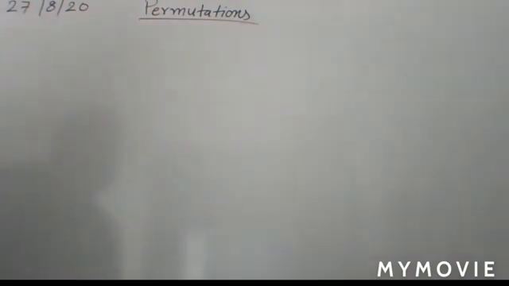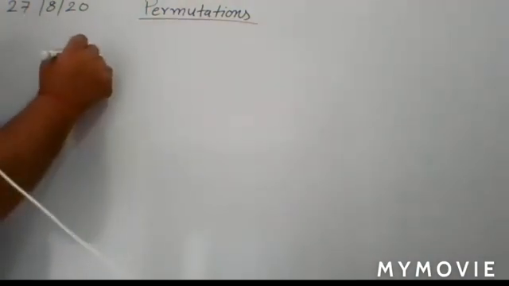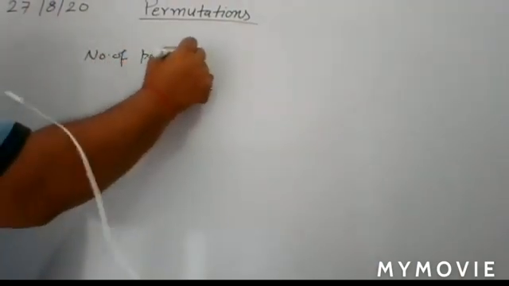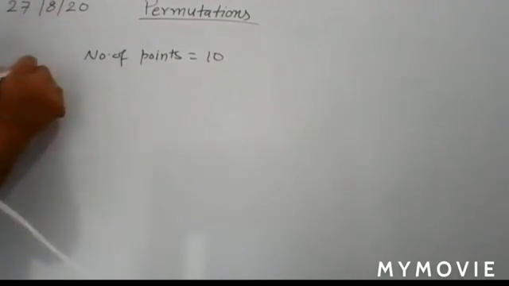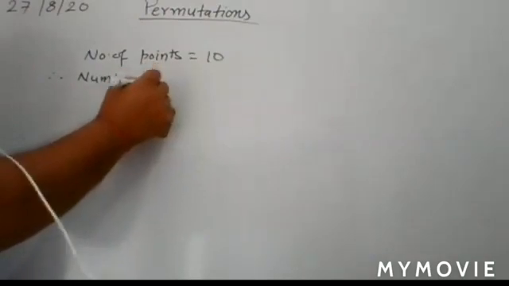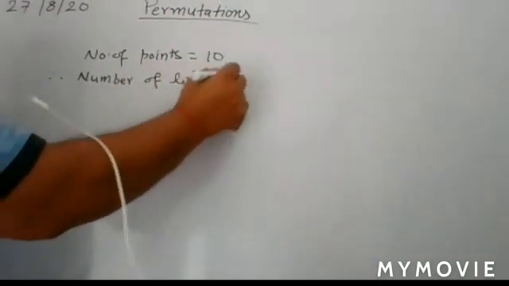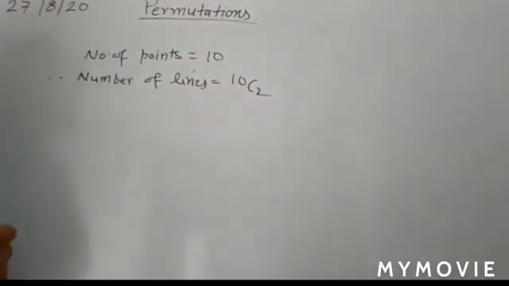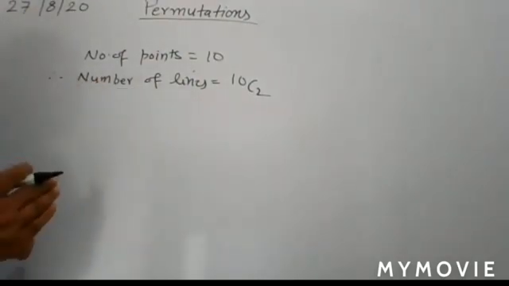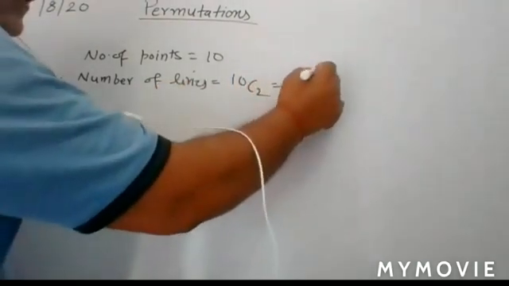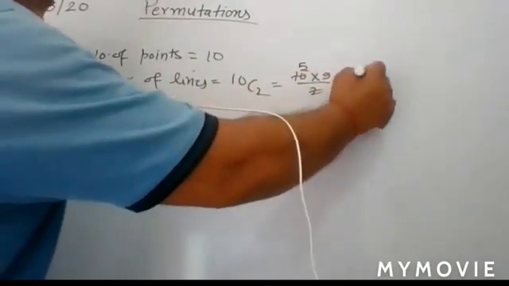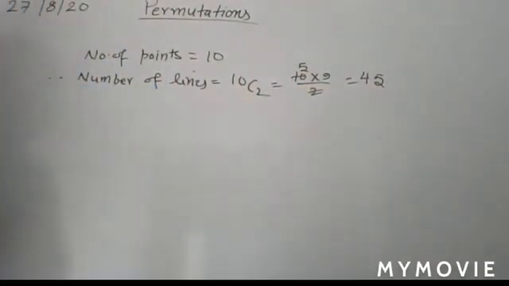Okay, so right. First of all, the total number of points is equal to 10. The number of lines is equal to 10C2. Means taking any 2 points, you will have your number of lines, and simplifying, you have 10 into 9 by 2, which is 45 lines.